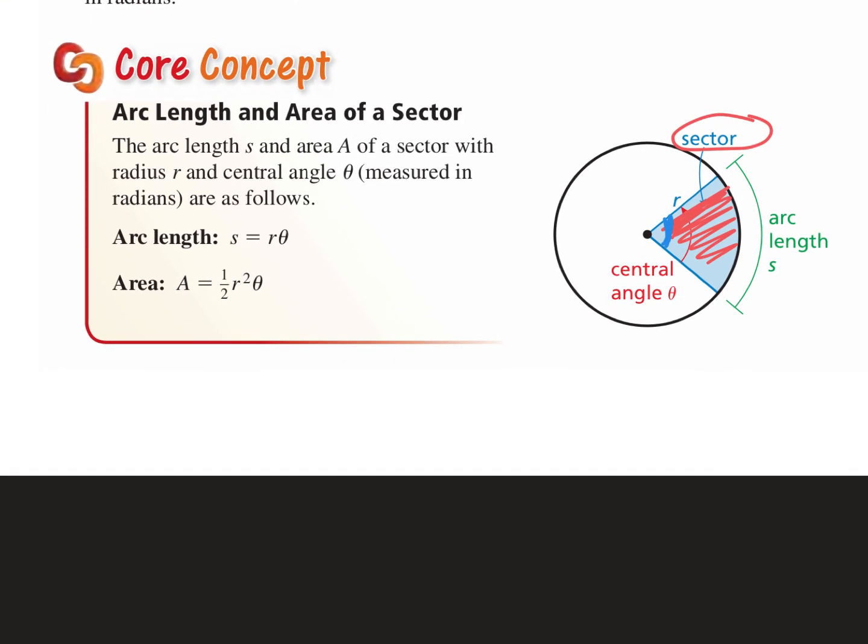And then we have our formulas here to find the area of the sector and our arc length. Our arc length is just the length of the arc, but the sector is the whole area of that piece of the circle.